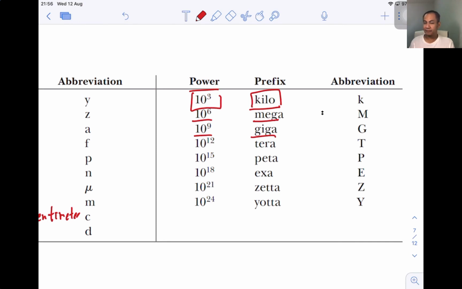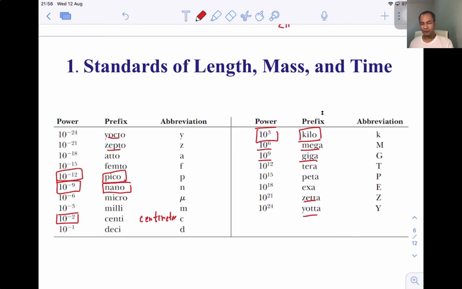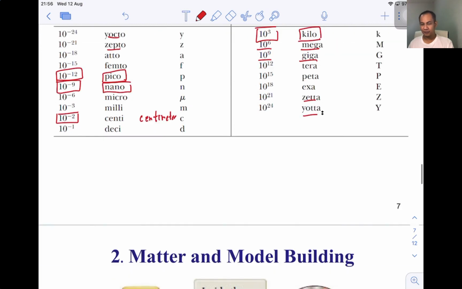You might know megabyte, gigabyte, but that is not exactly equal to the physics definition. We might study something very big like a galaxy or intergalactic scales, so we have to use very, very large numbers, like zetta or yotta. This is the kind of prefix that you need to know about too.